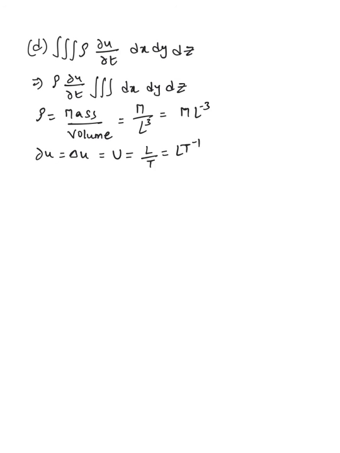Similarly, dou t is equal to delta t, which is change in time, that is t. dx is change in length, that would be L. Also dy would also mean change in length, that is also length, and dz is a change in length in z direction, which is also represented by L.